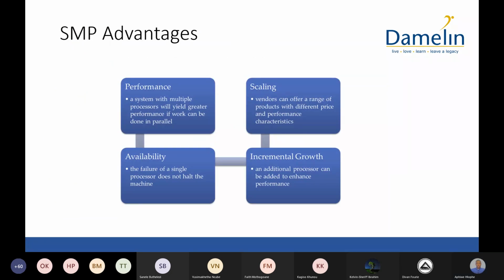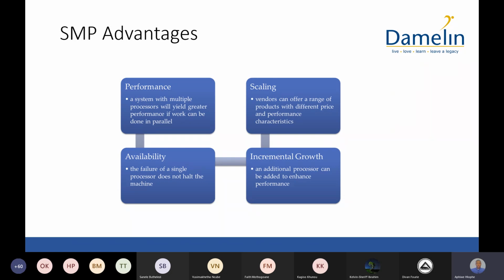So what are the advantages of implementing symmetric multi-processing in terms of performance? A system with multiple processors will yield greater performance if work can be done in parallel. Multi-core does work in parallel as well, but because we have multiple physical chips, it means it provides greater performance.